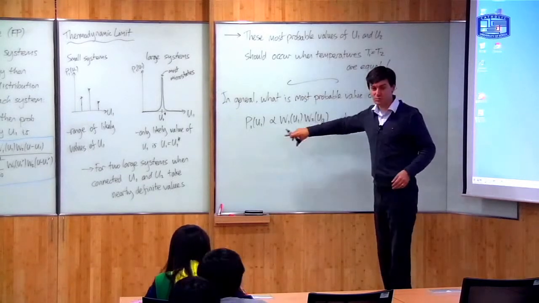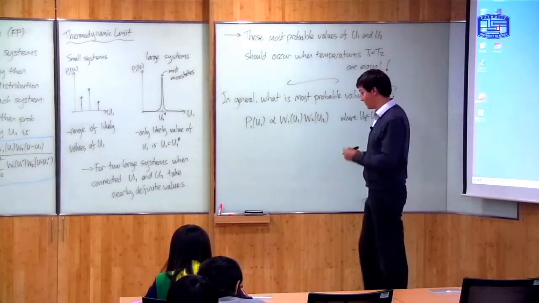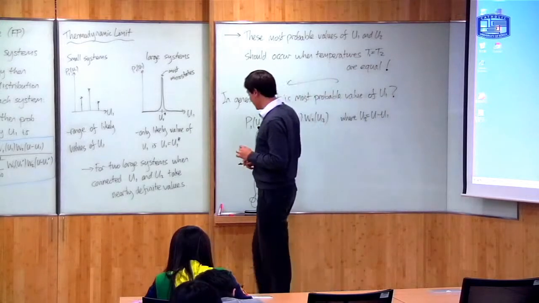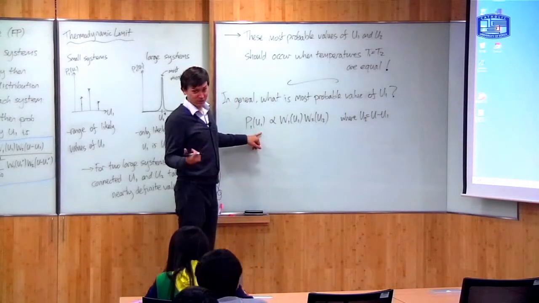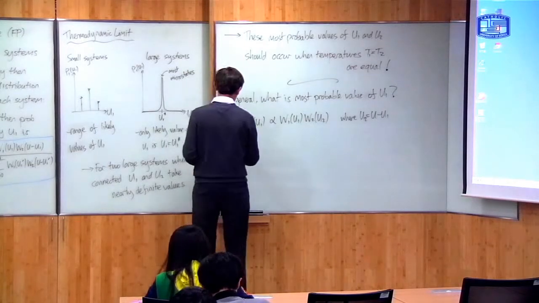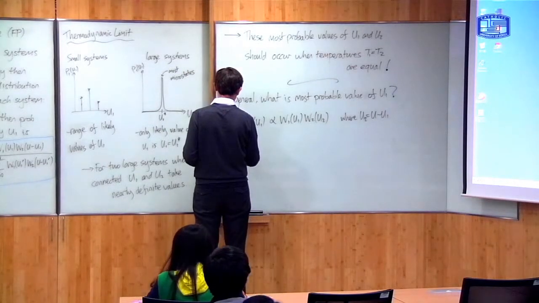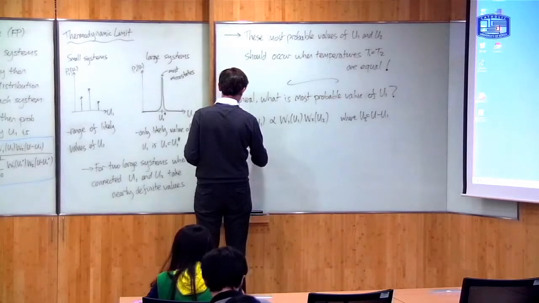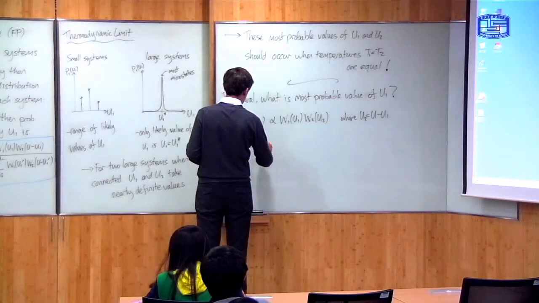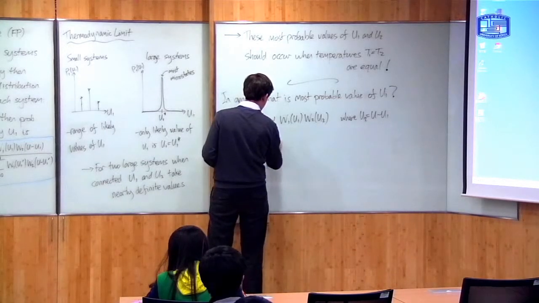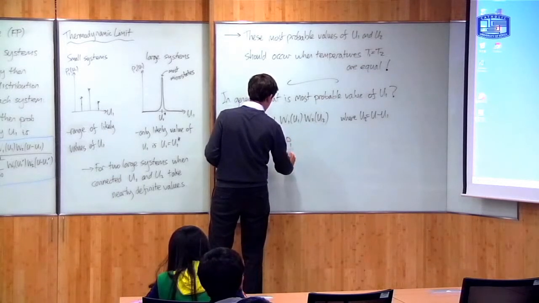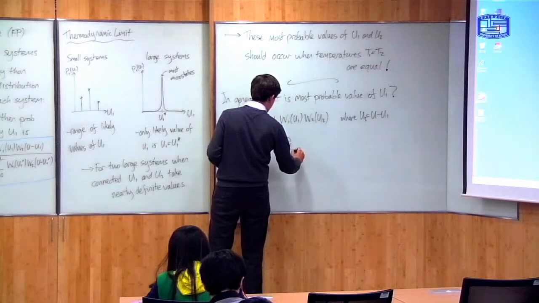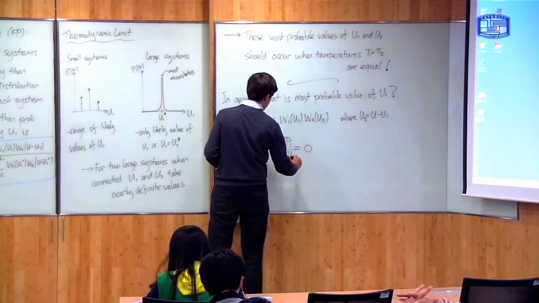So the probability is proportional to this. Okay? And at the maximum, the derivative of this distribution with respect to U1 should be equal to 0. So at maximum, the derivative of P1 with respect to U1 should be equal to 0.